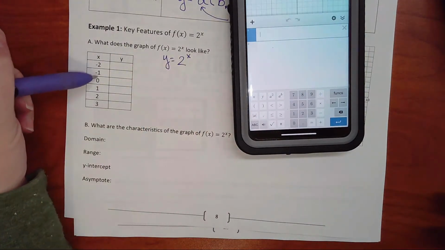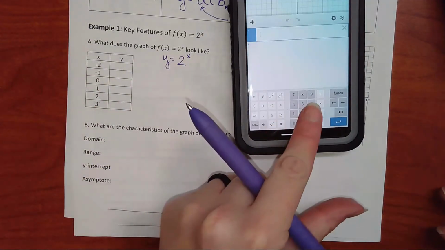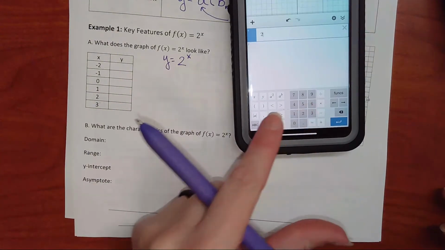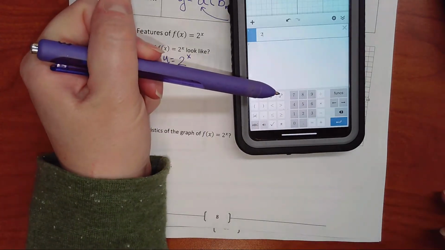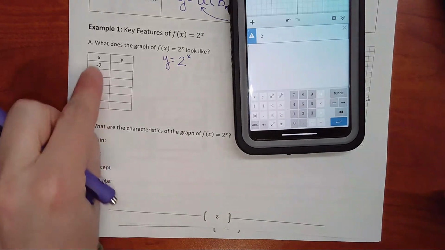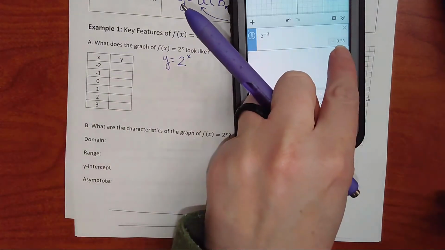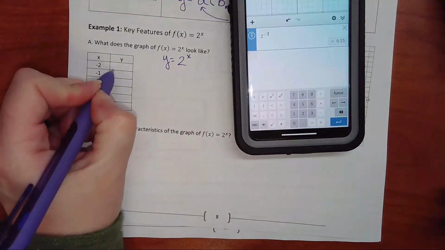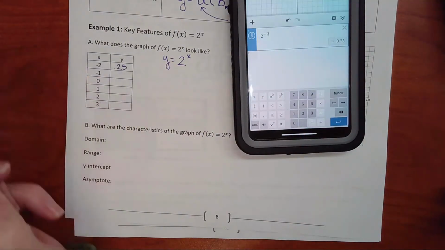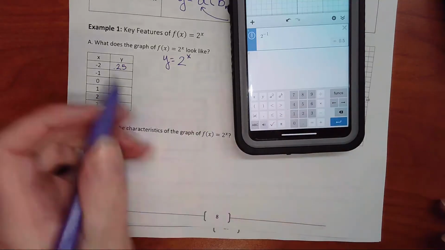You're going to take all of these values and plug them in for x into the exponent. So I take 2, and then for Desmos, you're going to press this right here. That raises it up to the exponent. And I'm going to plug in a -2, and I get 0.25. Then I want a -1.